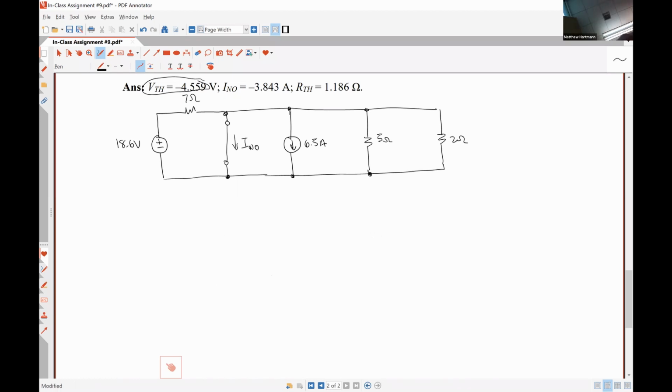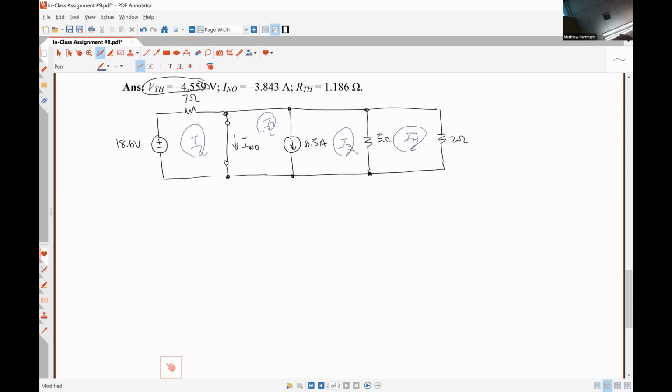So right now, we would have mesh 1, 2, 3, and 4.